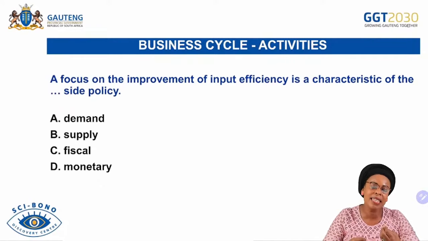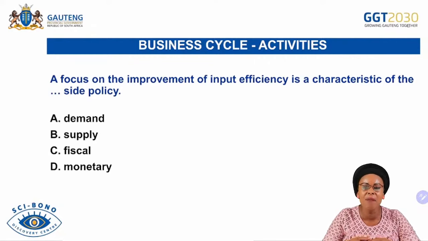He even mentioned that if demand keeps on increasing faster than the supply, then inflation will be a problem. So the demand side policy even focuses on monetary policy and fiscal policy, which increases aggregate demand.